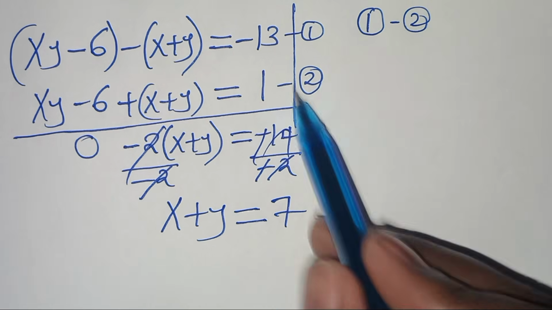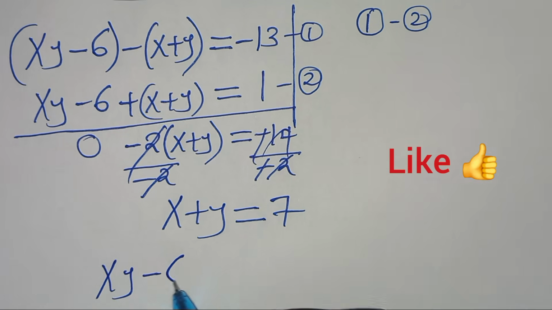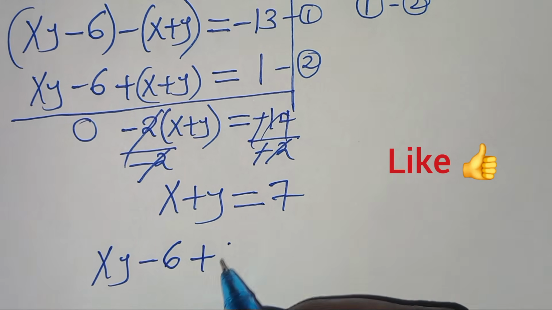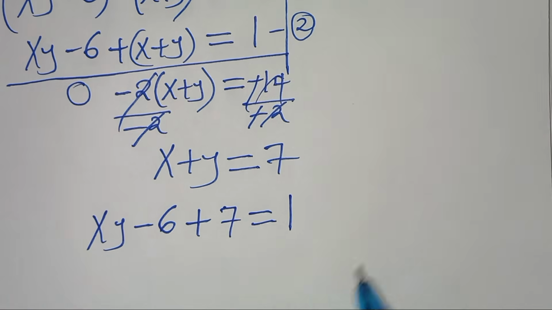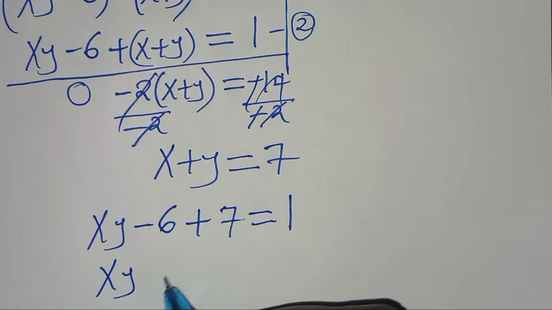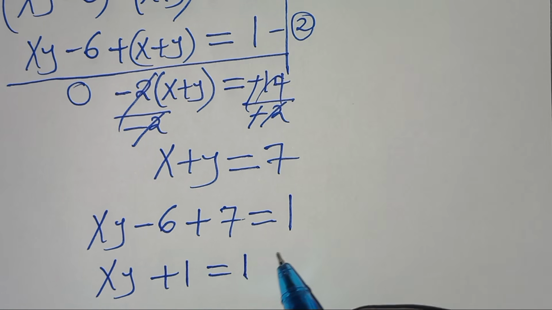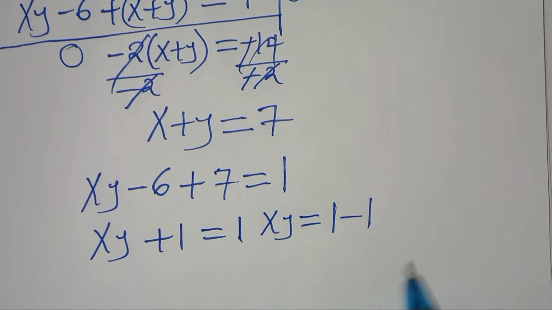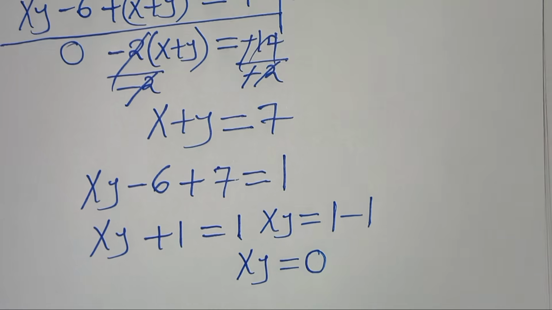Now, from equation 2, we have xy - 6 + (x + y). x + y is 7. This is equal to 1. So this implies that xy - 6 + 7, this is plus 1, is equal to 1. So for xy, this is equal to 1 minus 1, which means that xy is equal to 0.